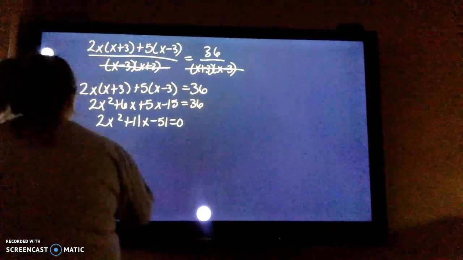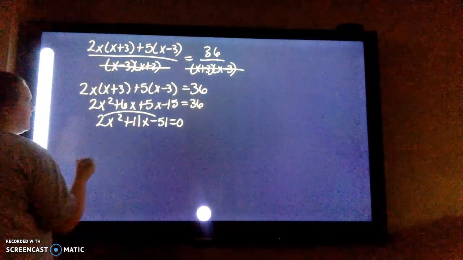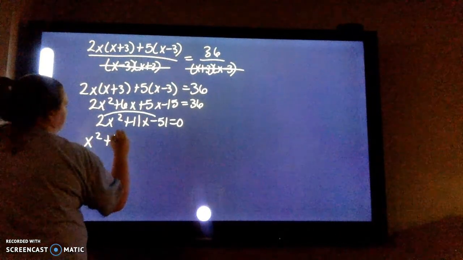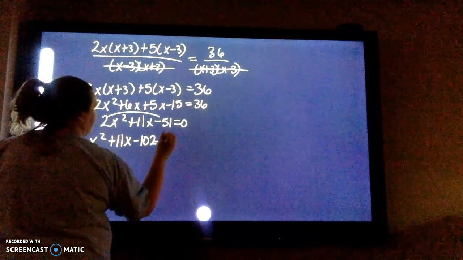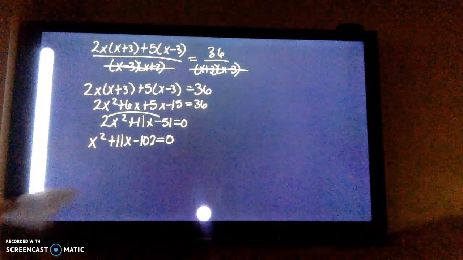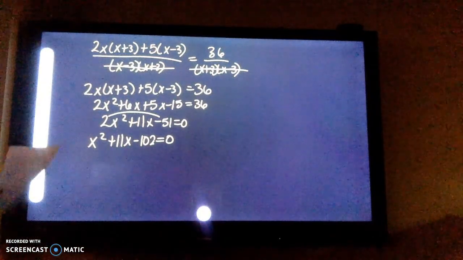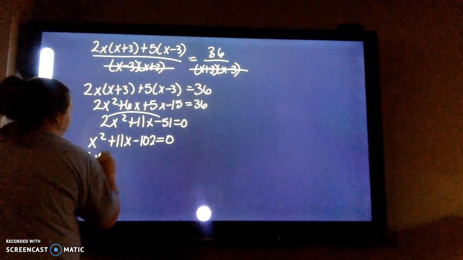So when I do that, I can't pull out a common factor, so this 2 is going to get multiplied into the negative 51. X squared plus 11x minus 102 equals 0. I go ahead and factor this out into 17 and 6. Again, that's going to take a little bit of work, but that's okay.